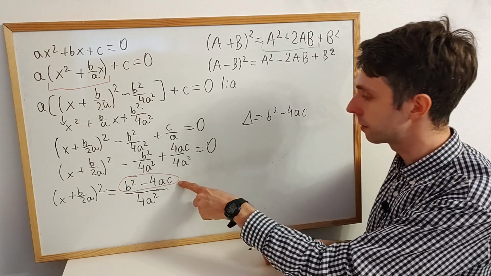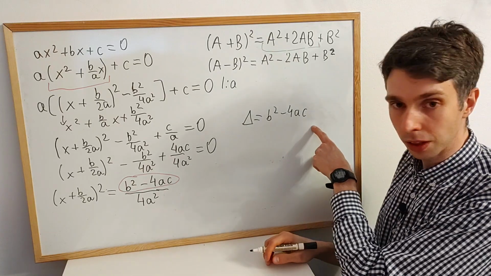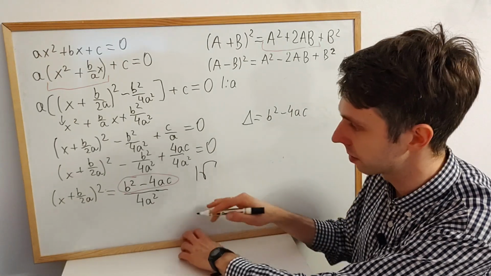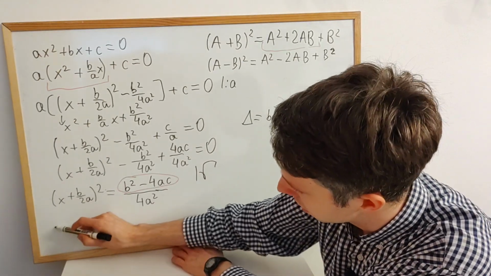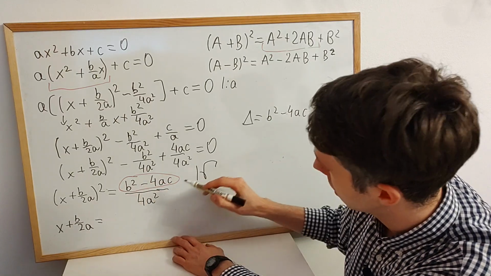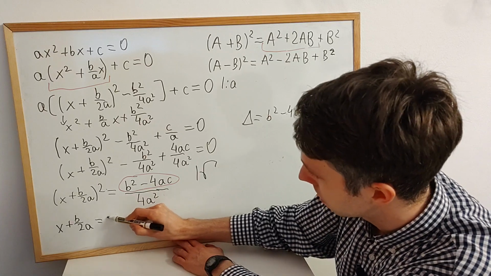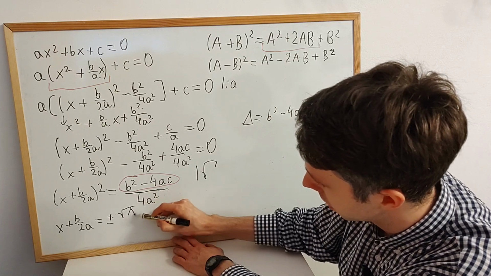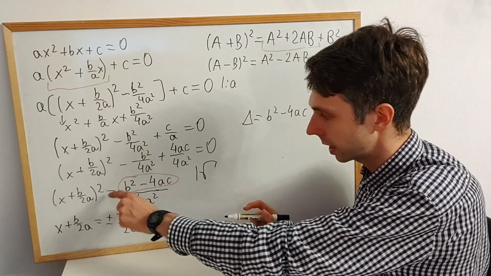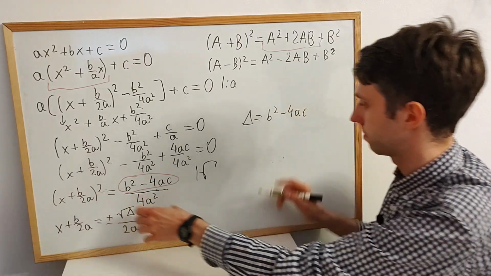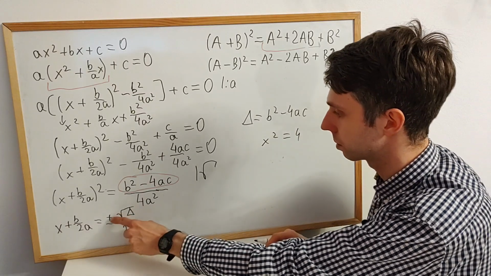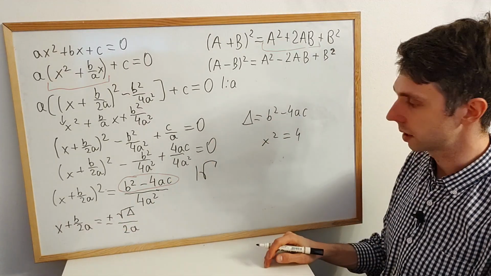So now if delta is greater or equal than 0, then I can take the square root of this, and in this case it will be x plus b over 2a equals plus or minus square root of delta divided by 2a, because again if, for example, x squared equals 4, then x could be plus 2 or minus 2.